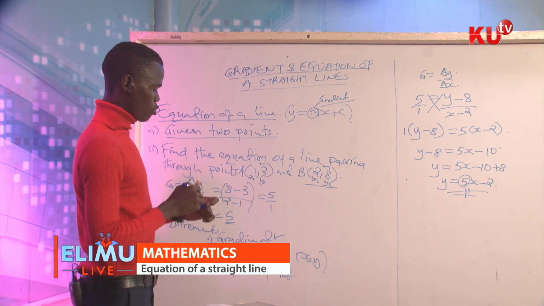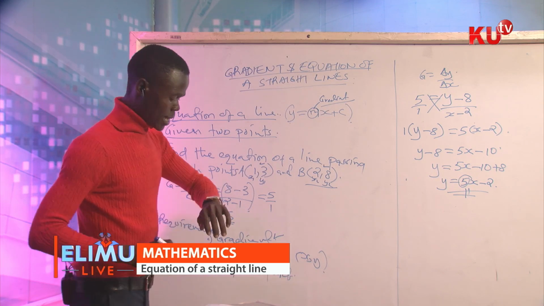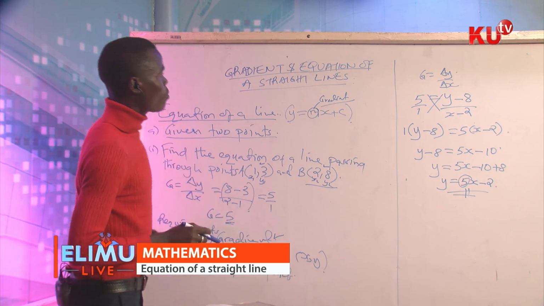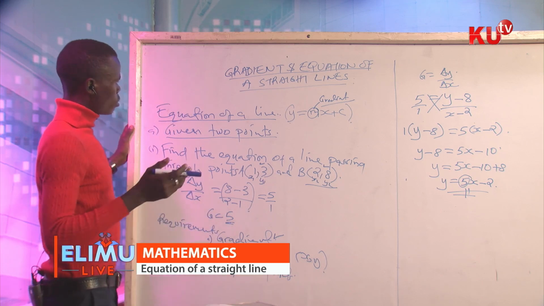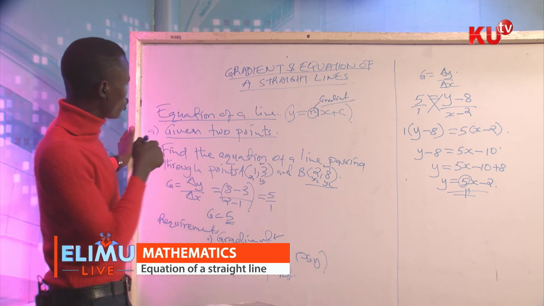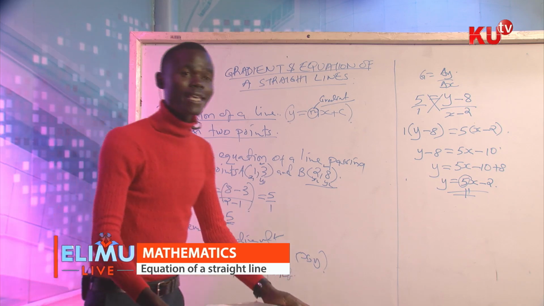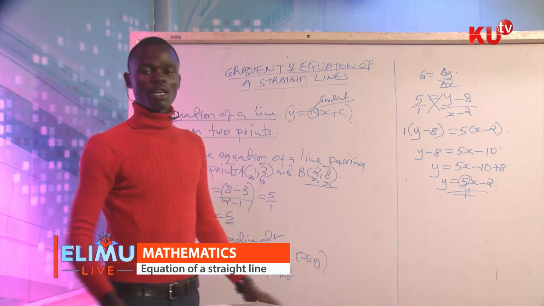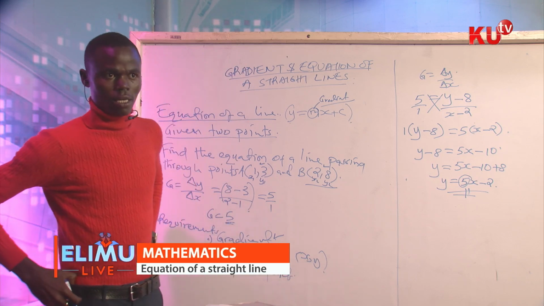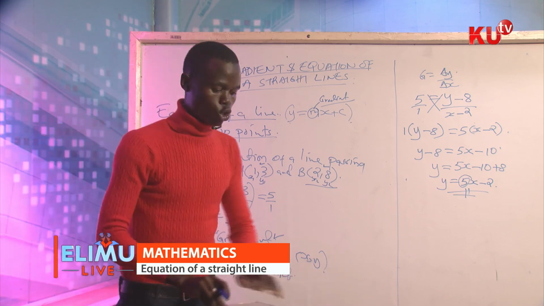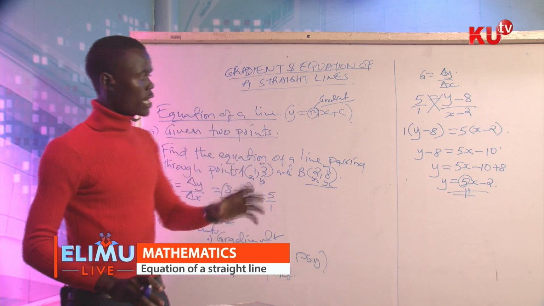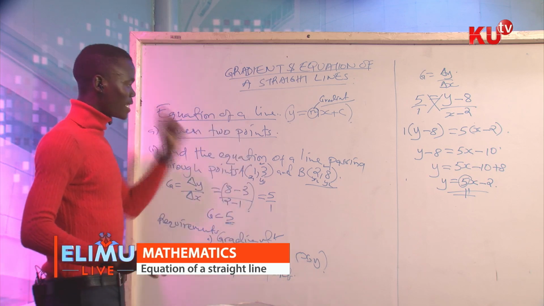So that is how we form the equation given 2 points. Someone is asking me, Mwalimu, what if you use point A? Are we going to get the same answer? The answer is yes. And I will do that for you to confirm that we have the same answer.